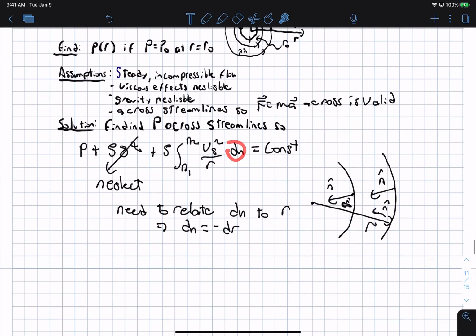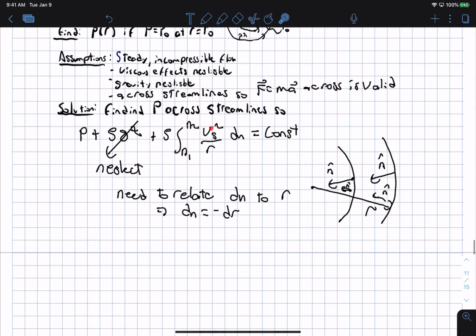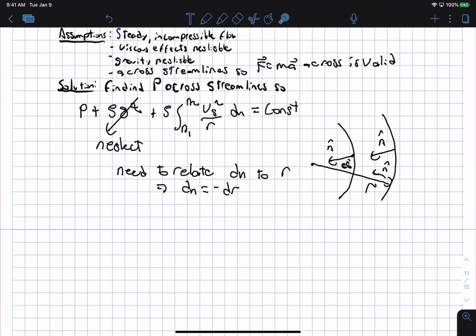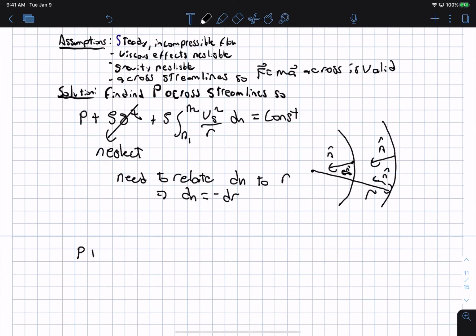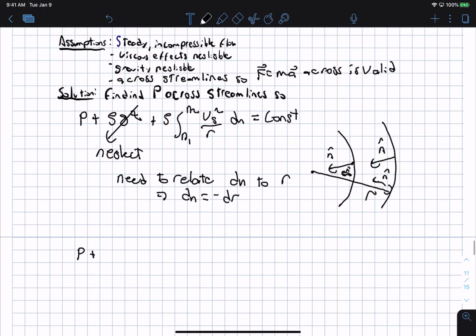So we can make a change of variables. And we have that P plus rho times the integral of Vs squared over R times minus dr, because that's just dn, is equal to some constant.